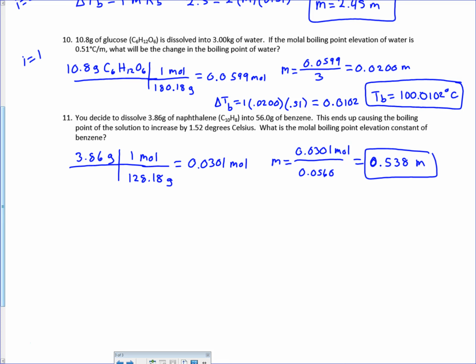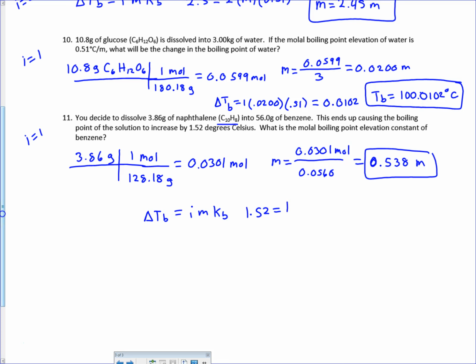Then we're going to calculate the change in boiling point, so change in temperature boiling equals i times m times Kb. We know 1.52 is our change in boiling temperature because it told us that. The Van 't Hoff factor, this substance here, C10H8, is covalent, so the Van 't Hoff factor is going to equal 1 in this case.